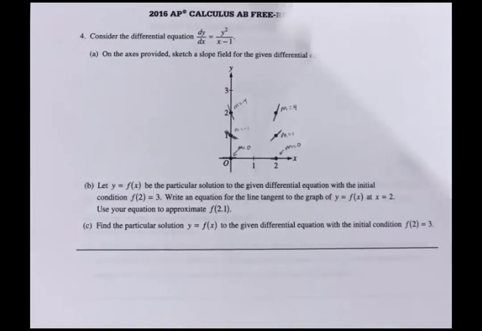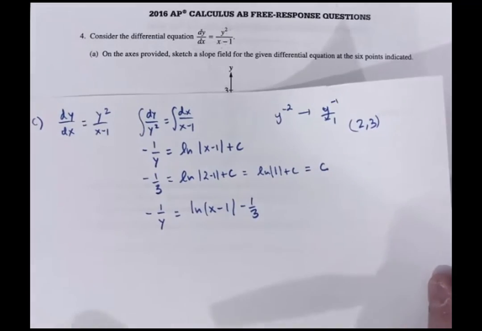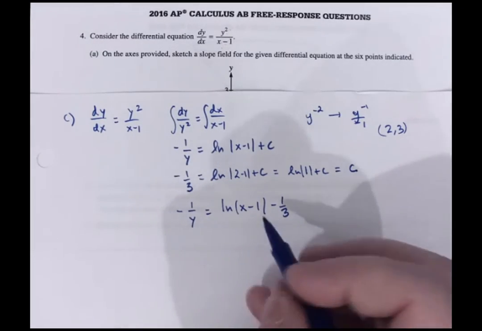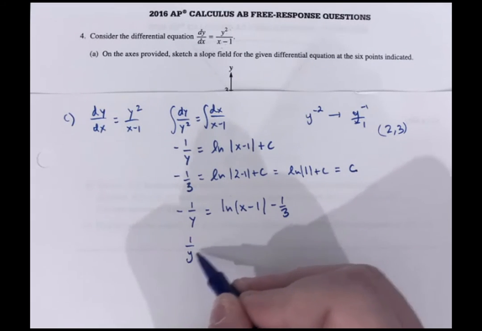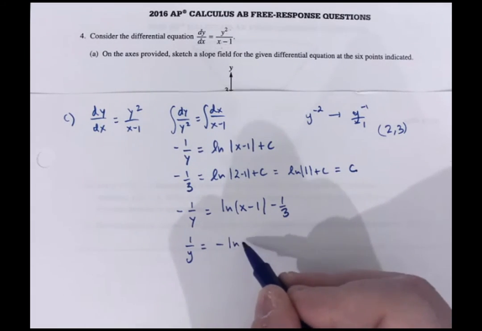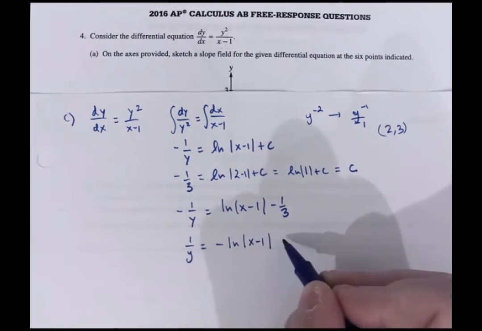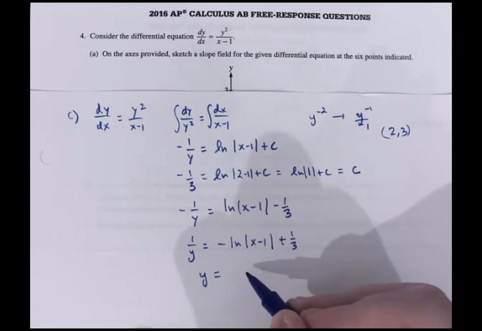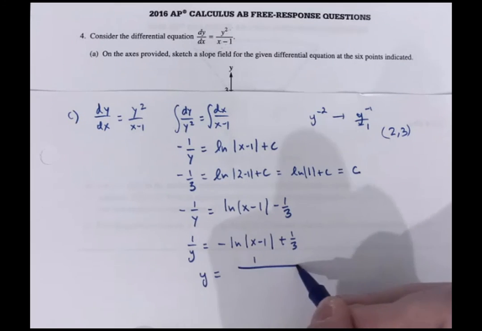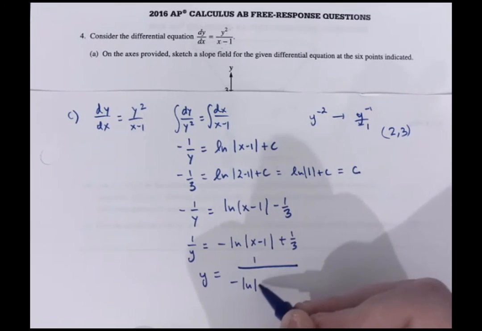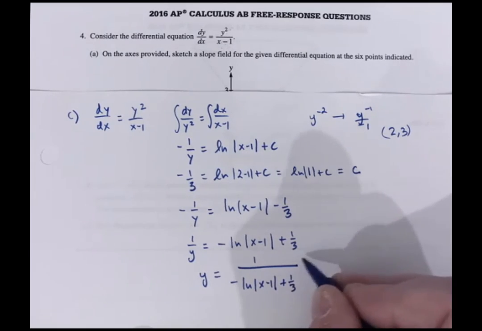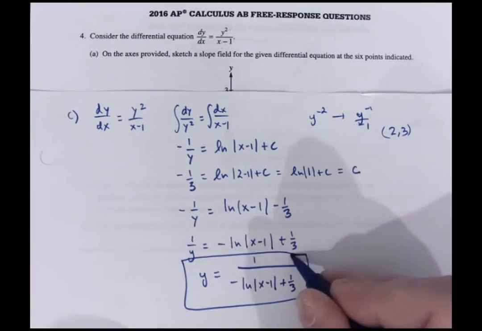Now the problem does ask us to figure out y equals f of x, so we should solve for y. Let's multiply through by negative 1, so that 1 over y equals negative ln of x minus 1 plus 1/3, and then we'll just take a reciprocal. So y equals 1 over negative ln of x minus 1 plus 1/3. And that should be sufficient for the problem.